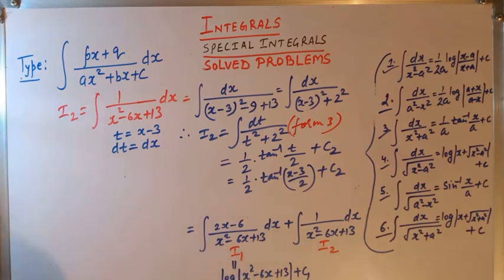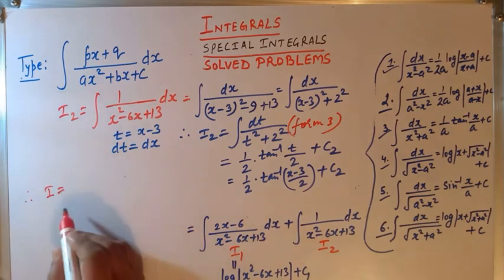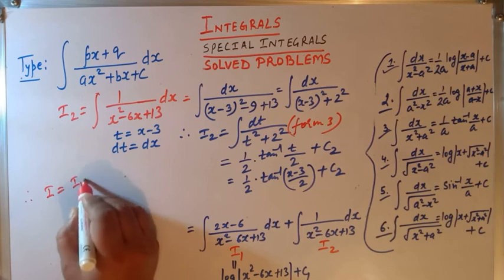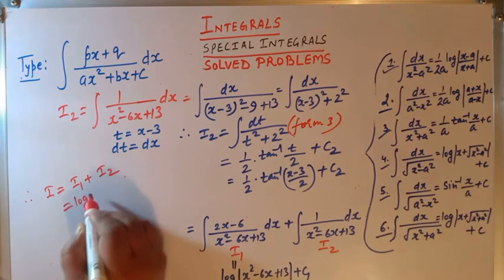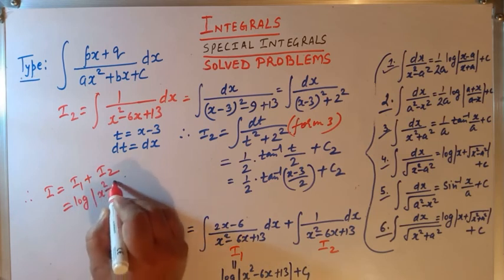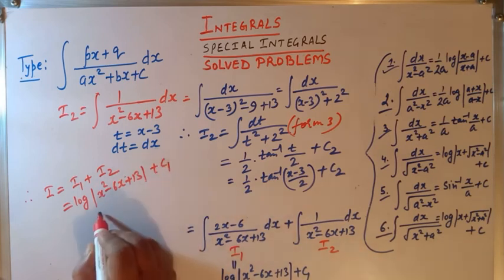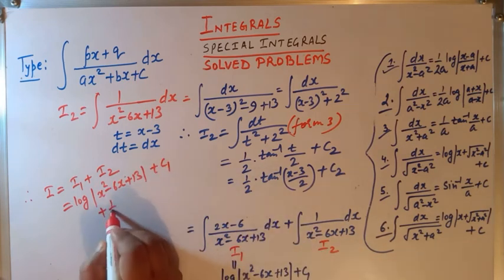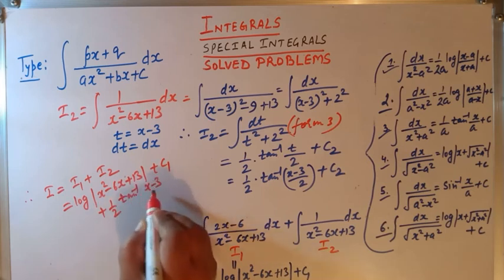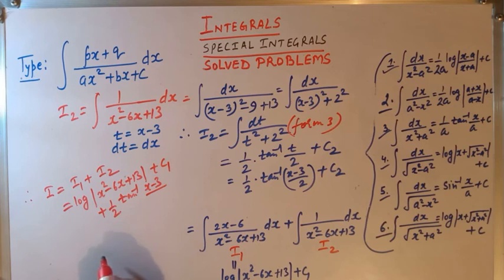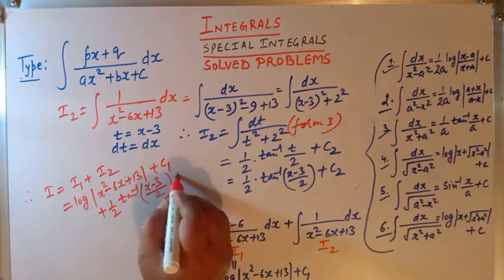Therefore the complete solution of the given integral I is I1 plus I2, and I1 is log of (x square minus 6x plus 13) plus c1, and I2 is half tan inverse of (x minus 3) divided by 2 plus c2. Clear?